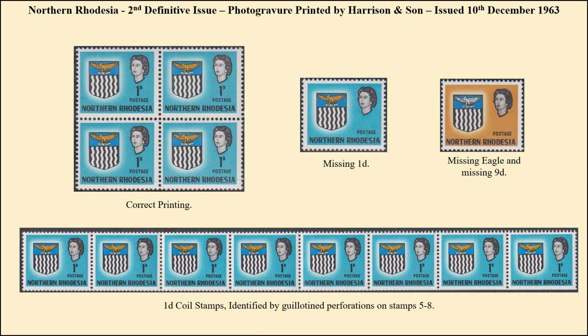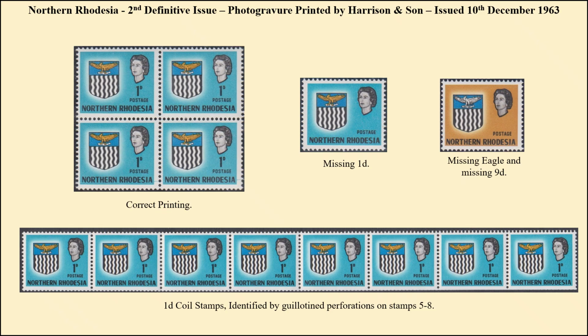Again, some of the varieties, the block of 4 is the correct printing, and then the first 1 penny, you'll see the penny is missing. On what would have been the 9 penny value, not only is the value missing, but the print on the eagle is missing completely.